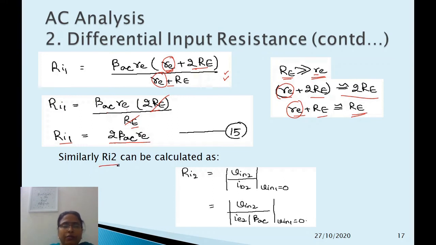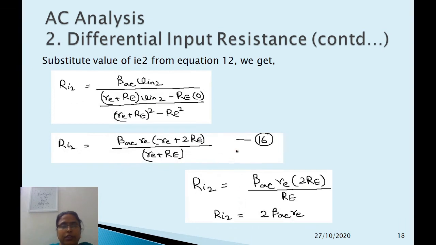Similarly, Ri2 can be calculated from the Vin2 side, keeping Vin1 equal to 0. So Ri2 is equal to Vin2 upon Ib2, and Ib2 is equal to Ie2 upon beta AC. Putting in the value of Ie2 that we had calculated, Ri2 becomes this, and it is equal to this.